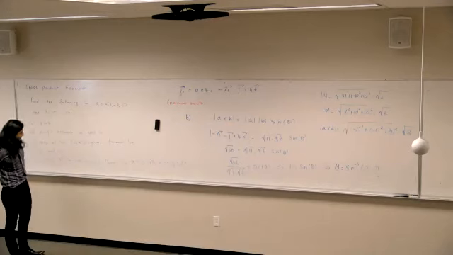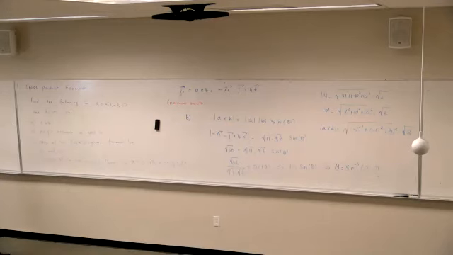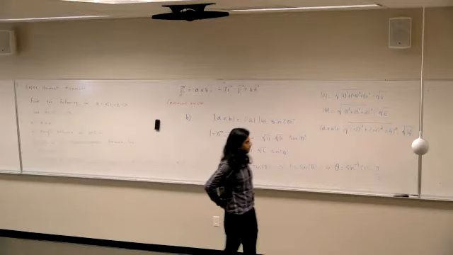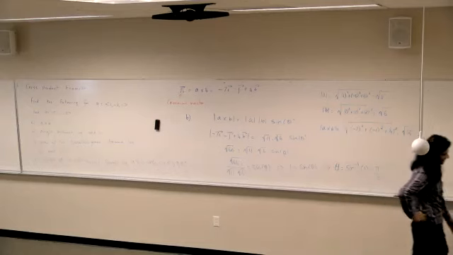Area of the parallelogram formed by A and B: do we have to find it, or do we already know? We already know. What is that answer?